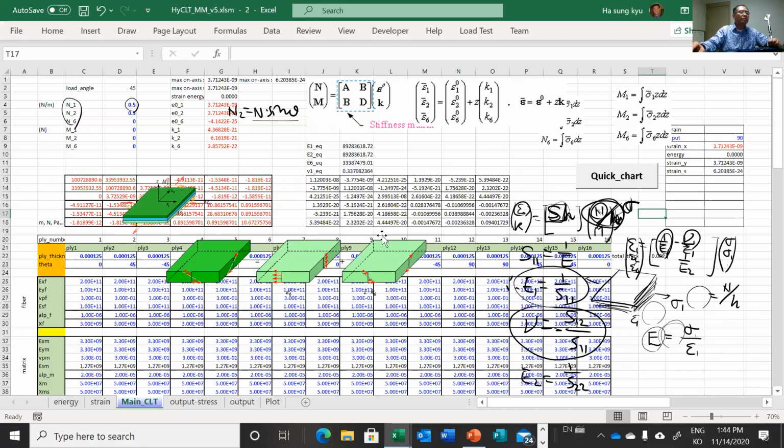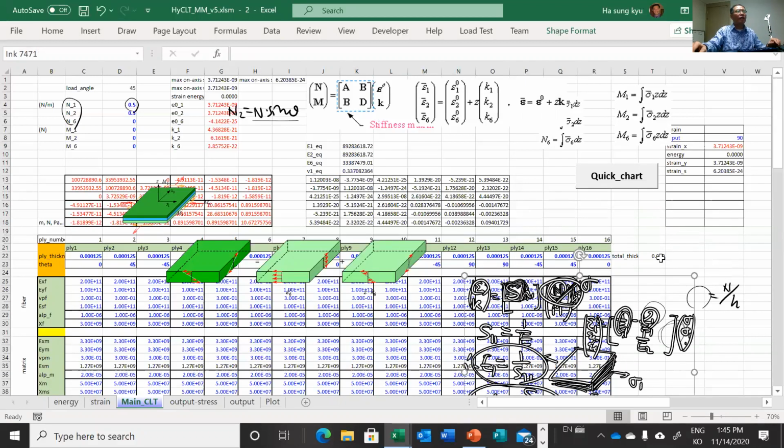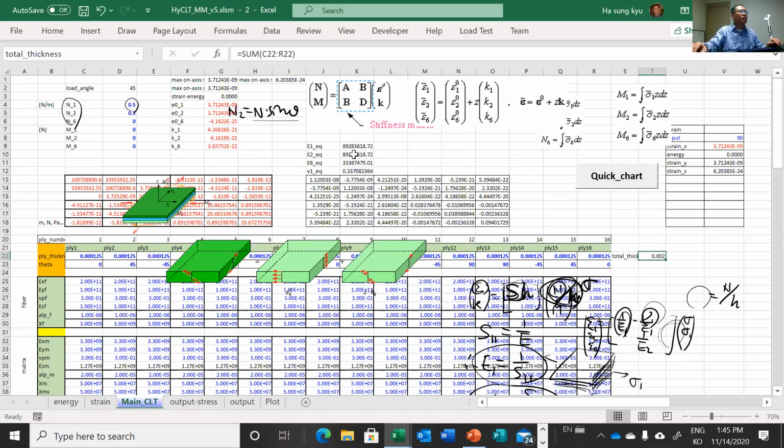H here is the total thickness. So we need to multiply by total thickness.